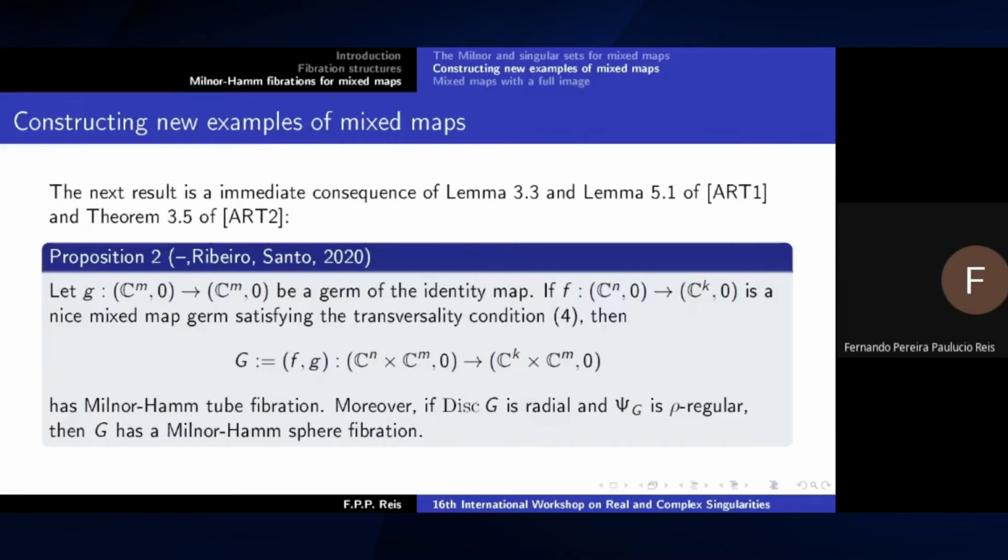If f, the map from C^n to C^k, is a nice mixed map germ satisfying the transversality condition, then the map G given by f and g has a Milnor-Hamm tube fibration. Moreover, if the discriminant of G is radial and PCG is rho-regular, then G has a Milnor-Hamm sphere fibration.